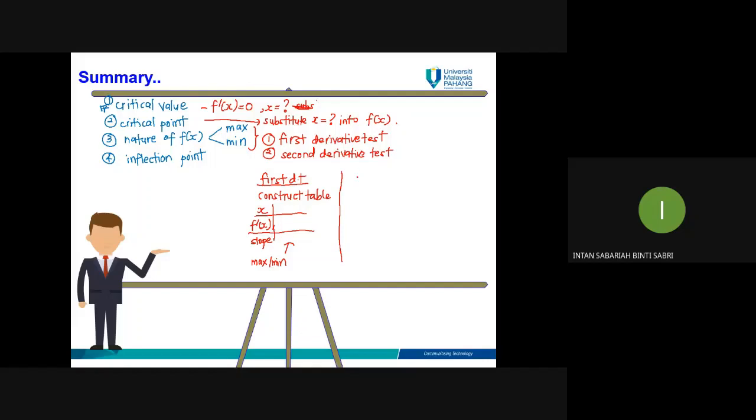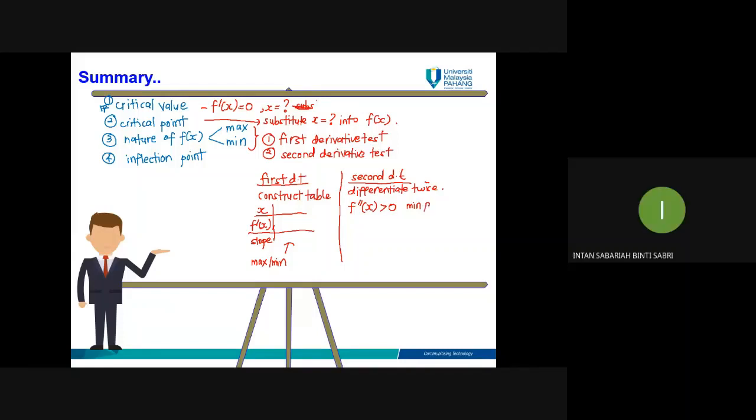The second one is the second derivative test. You differentiate for the second time. When f double prime x is greater than 0, it is a minimum value.